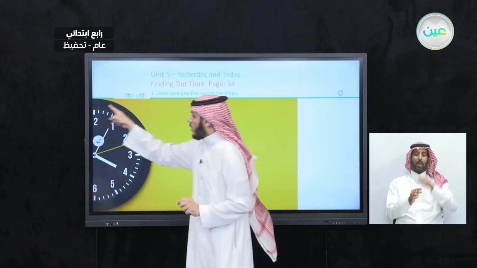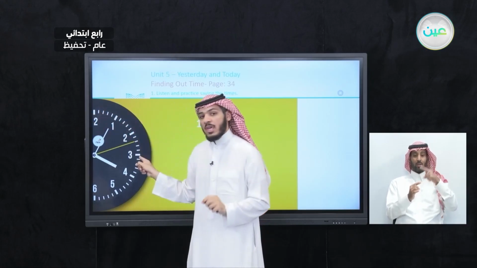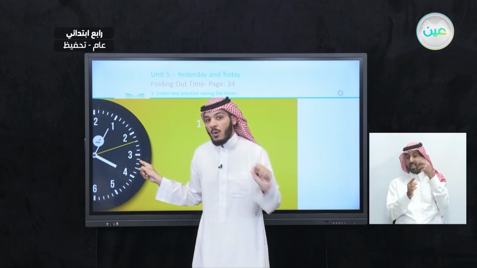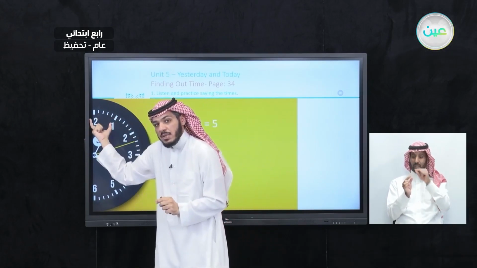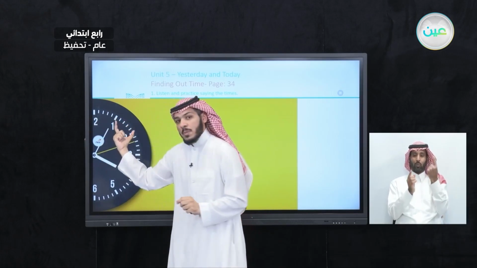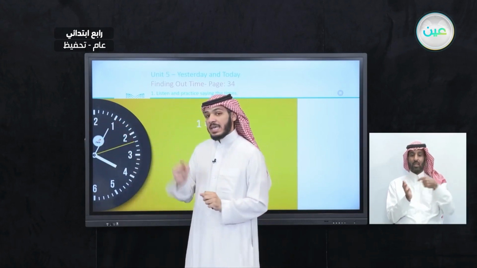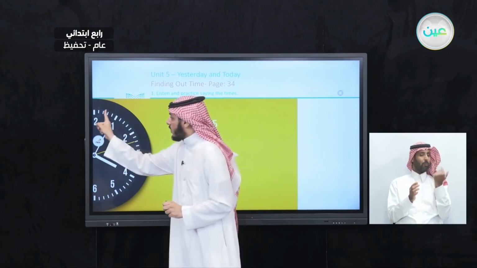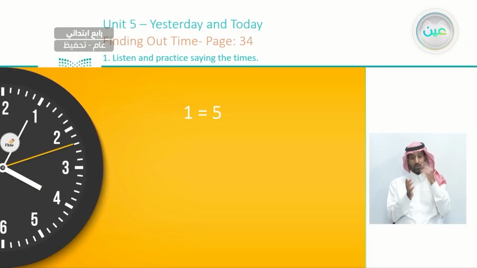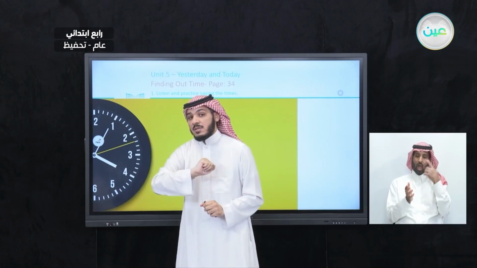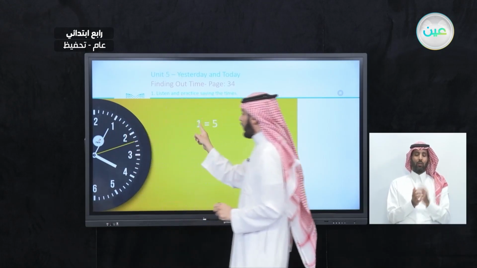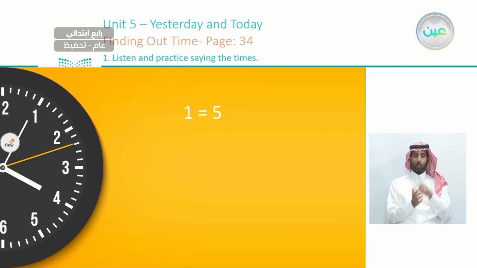So numbers 12, 1, 2, 3 are hours, but between 12 and 1 there are minutes. Between 1 and 2, minutes. So let's count the minutes here. After 12, we have 1, 2, 3, 4, 5. So when we come to number 1, we have 5 minutes.